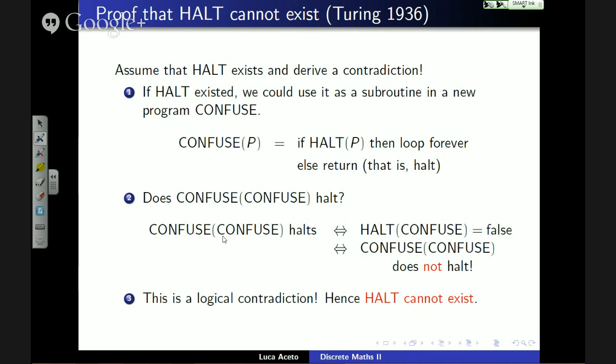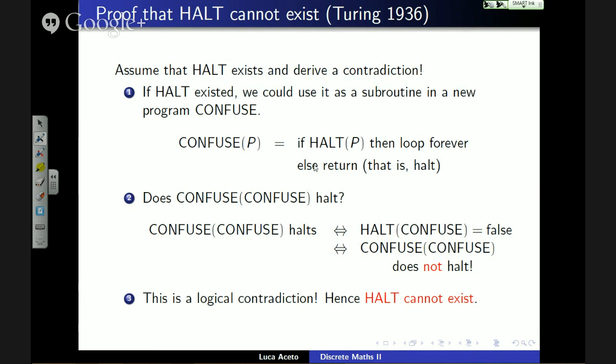So if confuse halts on input confuse, it will not terminate on input confuse. Okay, then perhaps actually confuse does not terminate on input confuse, but then it has taken the then branch here. And if it has taken the then branch, this means that halt of confuse has returned true. But then this means that confuse actually terminates on input confuse, because that's what halt does. It checks whether confuse terminates on input confuse.